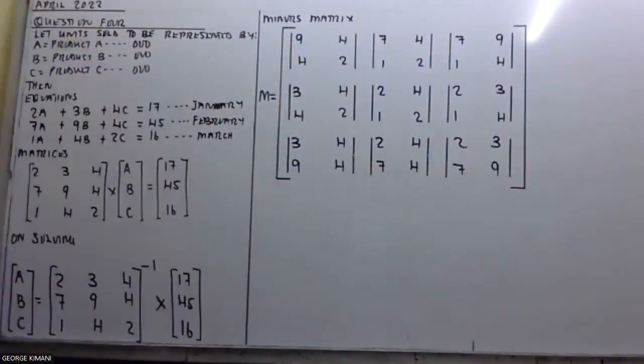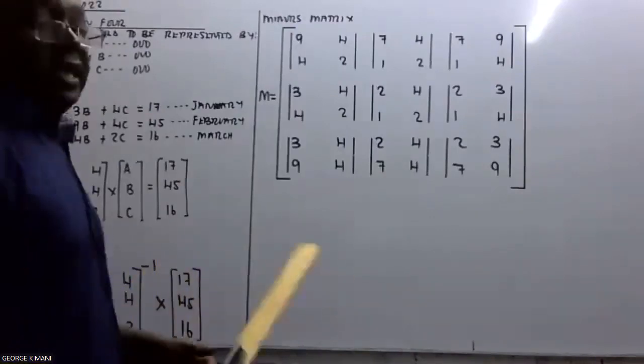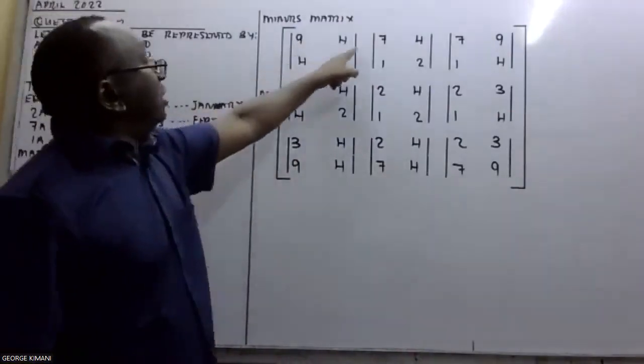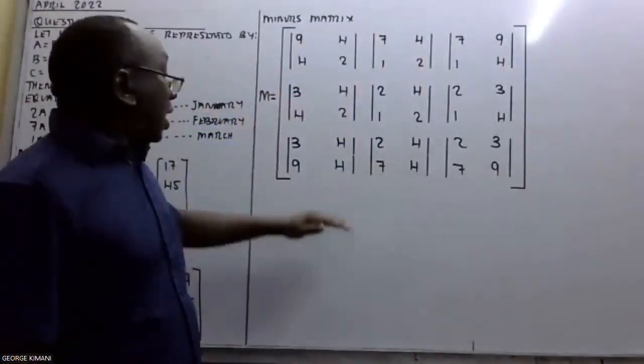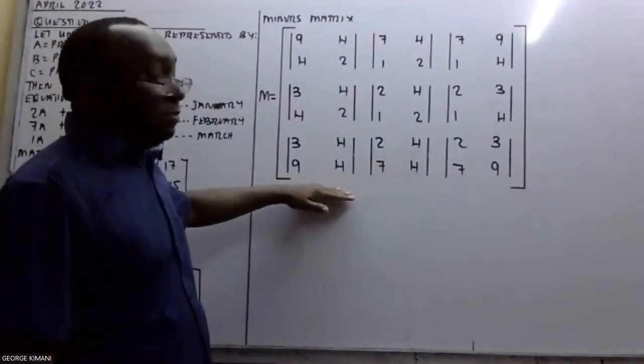And from that point, I told you the first check is that the values in the outer rows are the same.